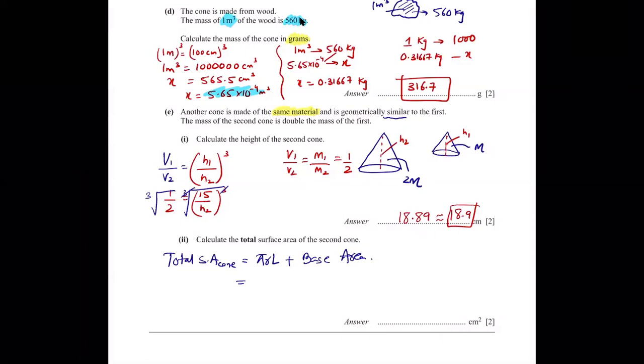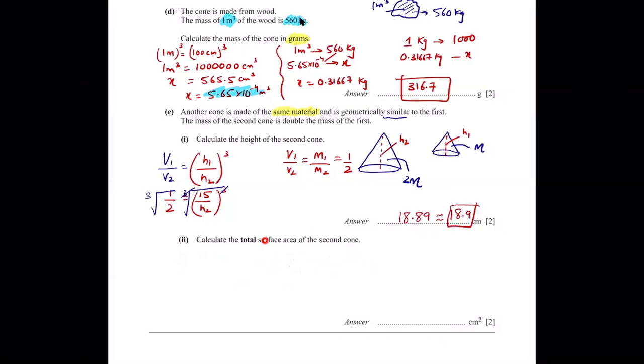Do you guys want me to solve this? Or do you want to try? The problem with this equation is that you do not have the radius. So try to think of some other way in which we can get the total surface area of the second cone.